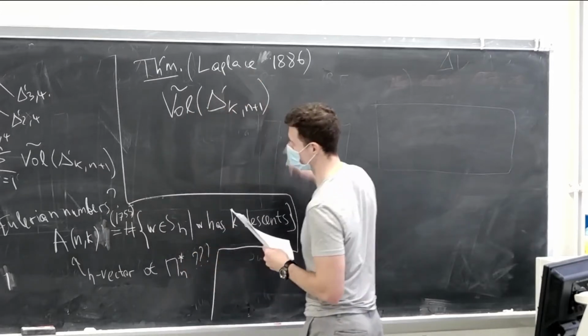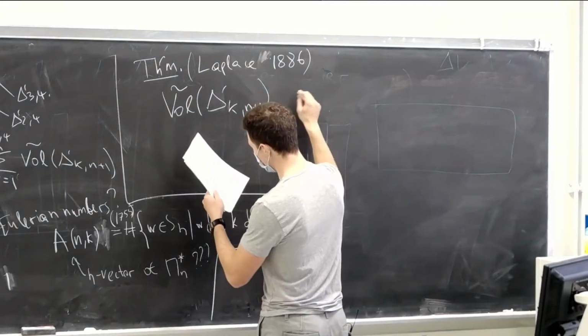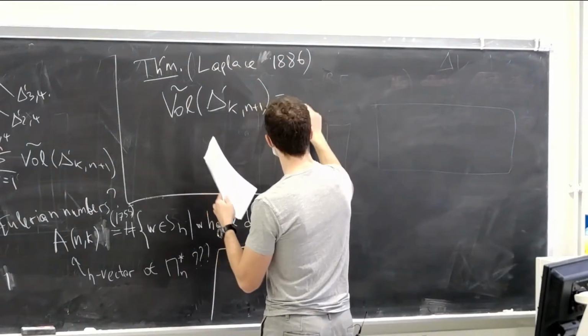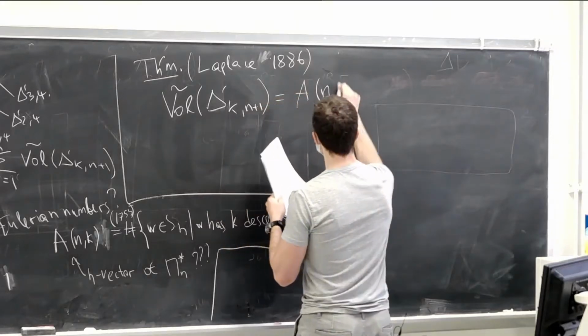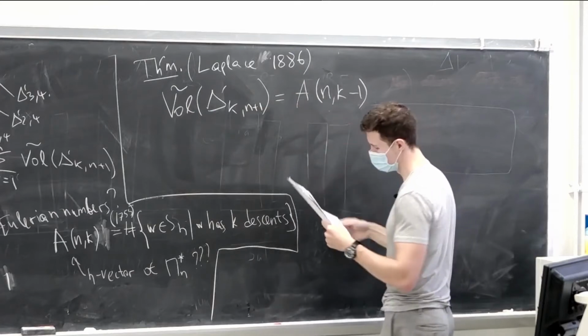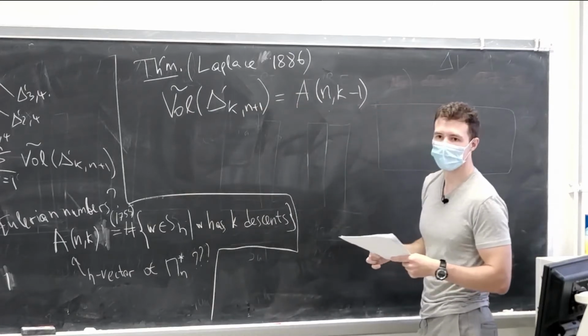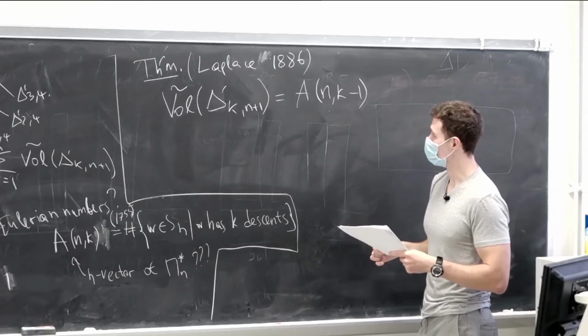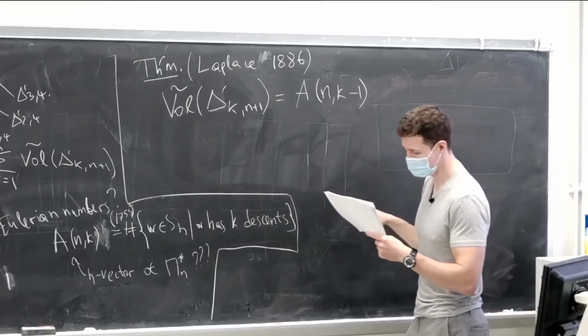So there was more than 100 years between the two discoveries. But anyways, the volume is just the Eulerian number of n comma k minus 1. And all right, so how do we prove this?